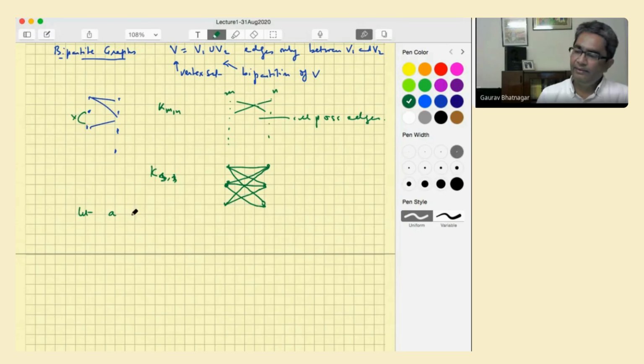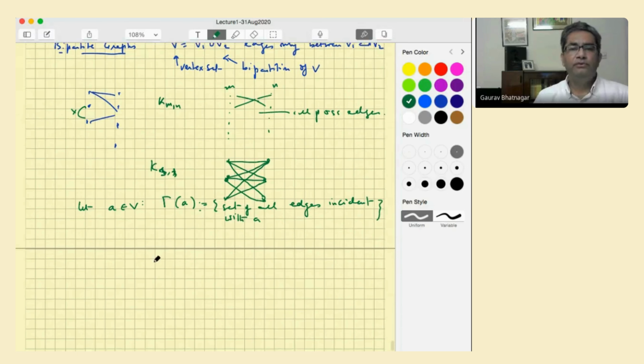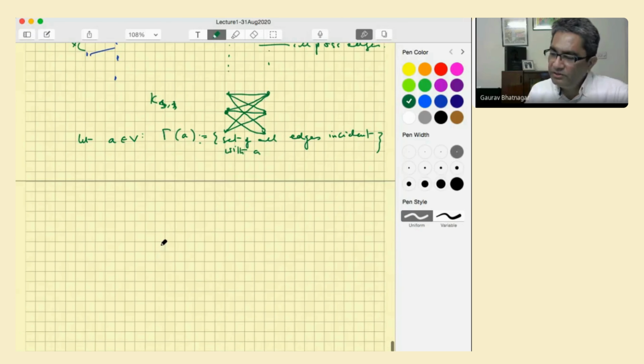Let A belong to V, and I'm using the notation gamma of A for the set of all edges incident with A. Sometimes I use A, sometimes I use B, depending on which book I'm taking this from.